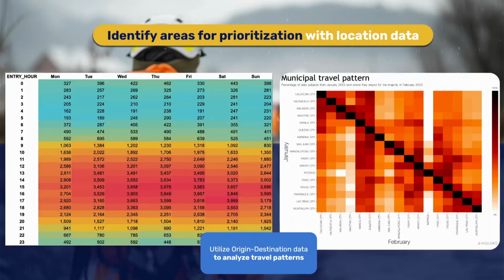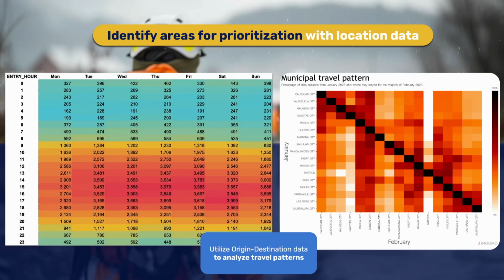Next, this is a more granular level of data. For example, when someone enters a mall, we know from this data that at 9, mall opening on Monday, there are around 1,000 people in the mall. Then on Friday at lunchtime, there are more people.